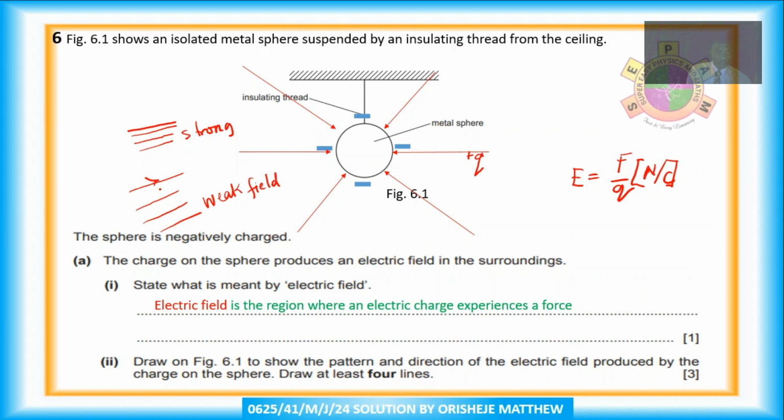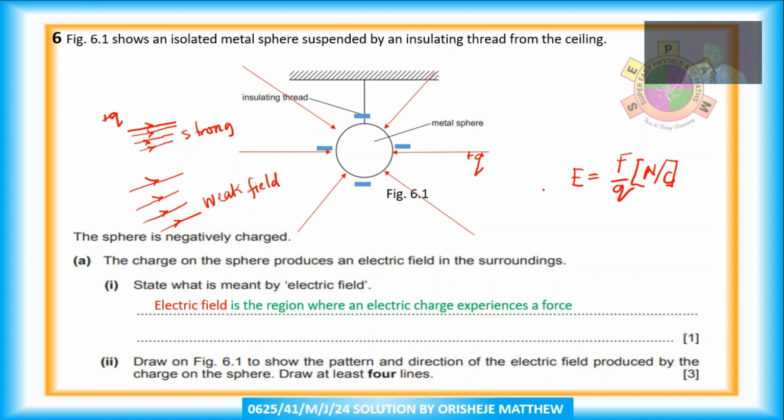And then the arrow shows the direction of the field, that is, the direction where a unit positive charge placed in this region will move towards. The direction of motion.